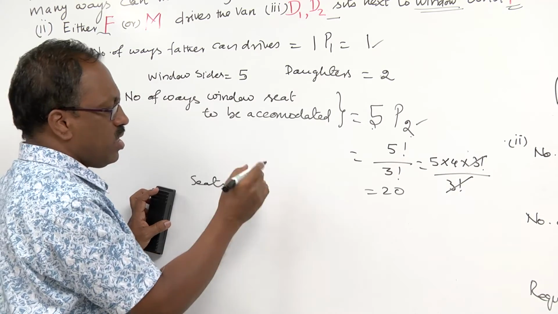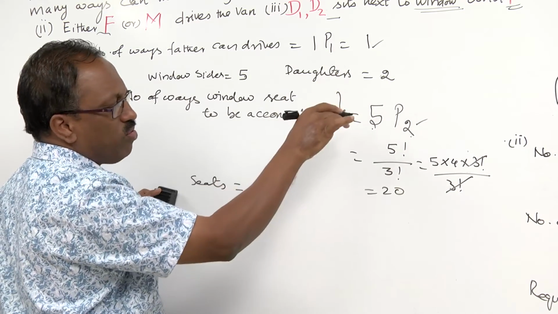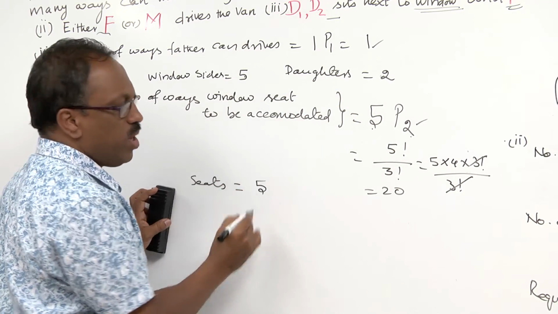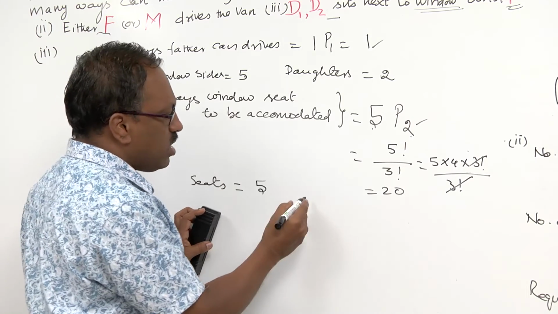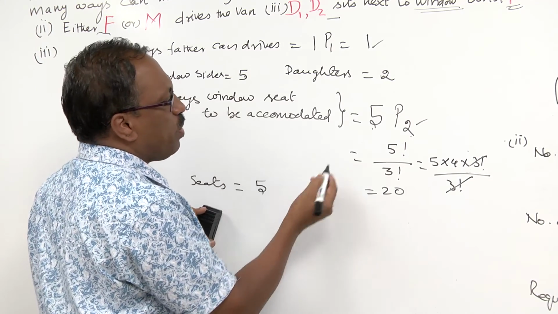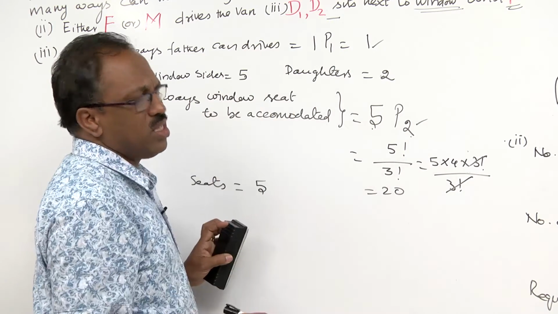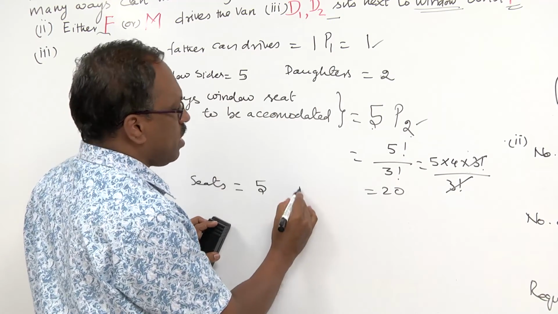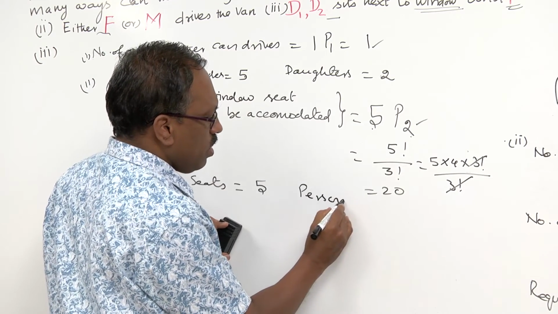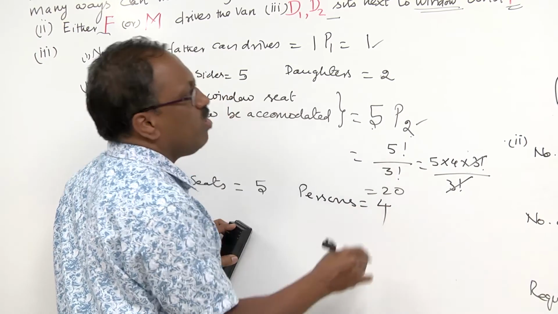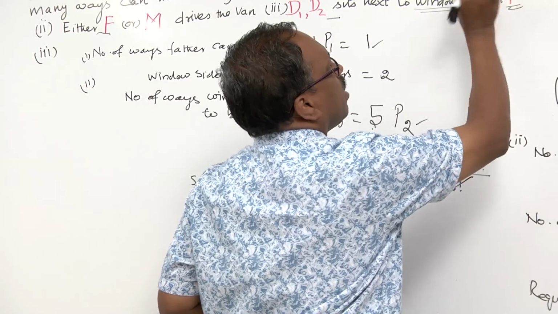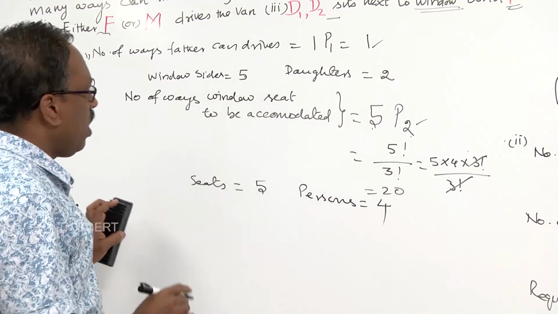Total number of seats 8, 3 are fixed, so that means 5 places. The persons to be accommodated are mother and 3 sons, so 4 persons.